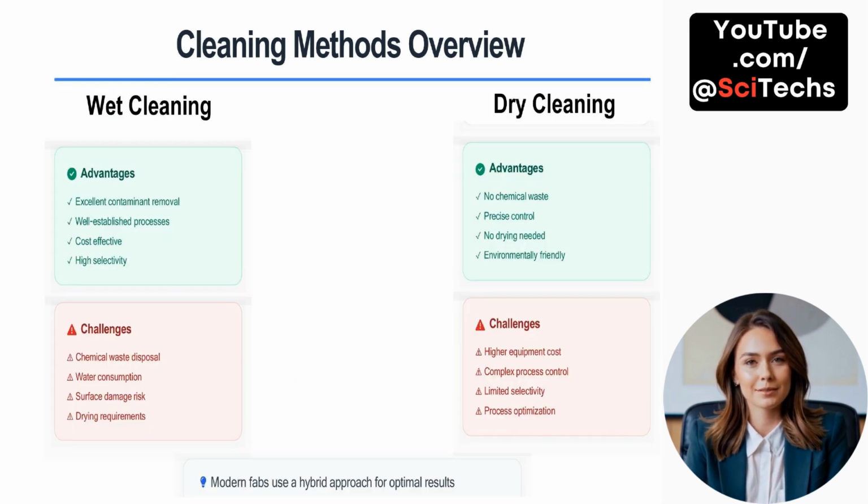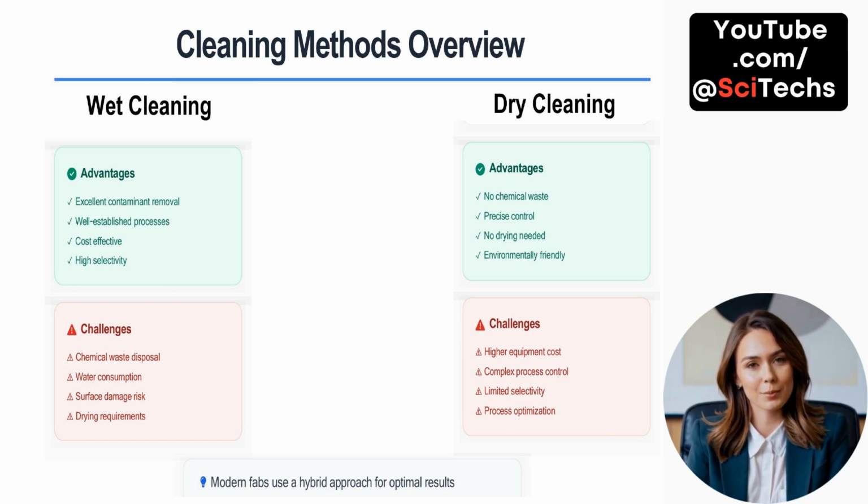Cleaning methods. Overview: advantages and challenges. Both wet and dry cleaning methods offer distinct advantages and face specific challenges in semiconductor manufacturing. Wet cleaning excels at removing contaminants efficiently. It uses well-established chemical processes like RCA and HF treatments, making it cost-effective and highly selective for specific materials.